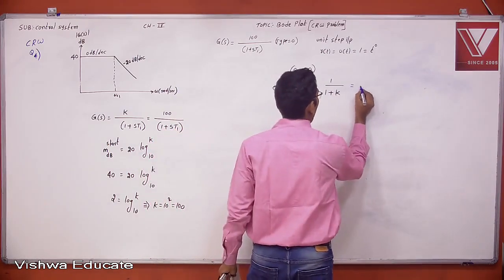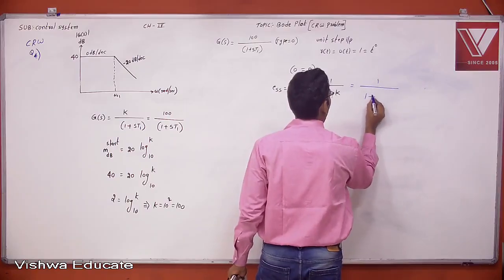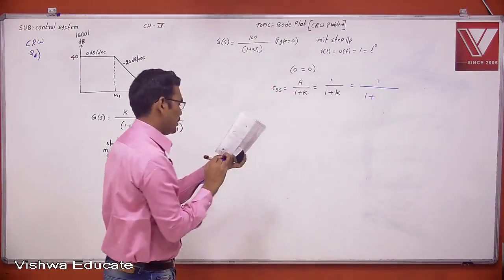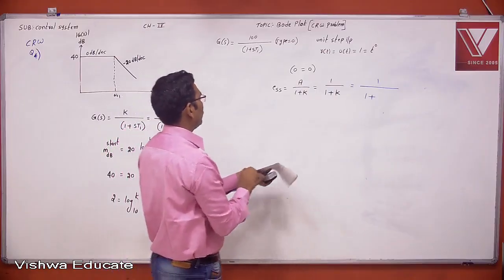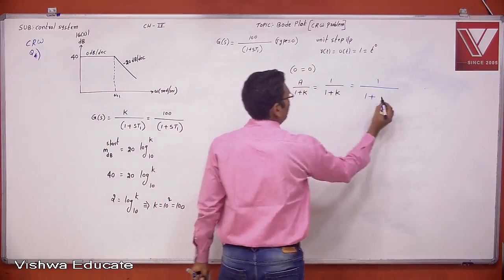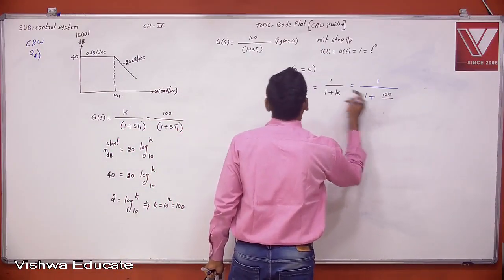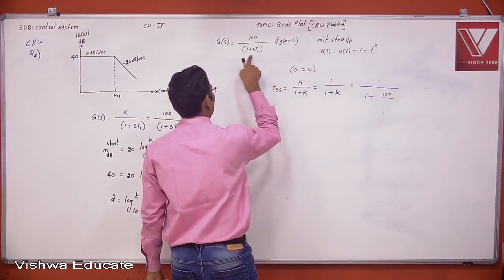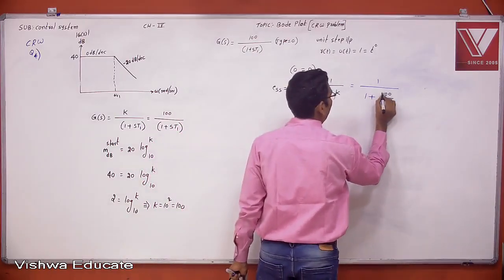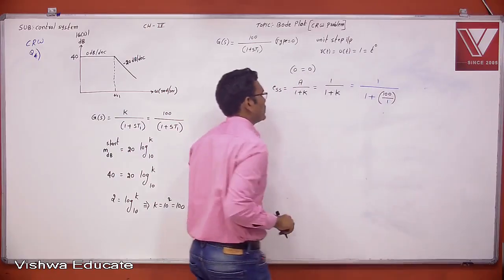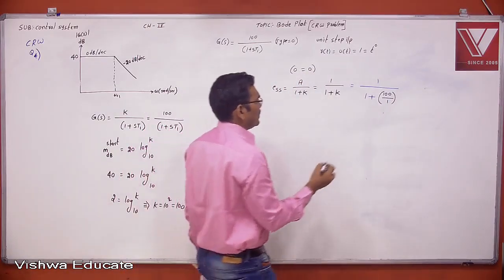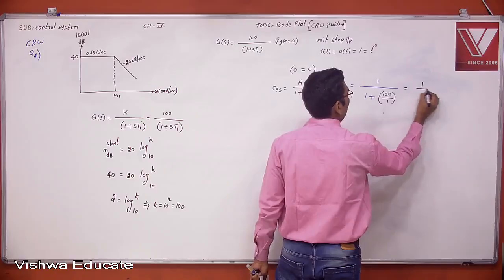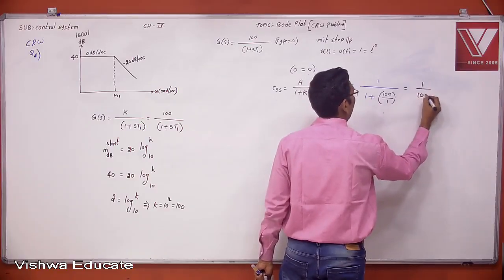The numerator constants by denominator constants of the open loop transfer function. Numerator constant is 100, denominator constant with S tending to 0 is 1. Numerator constant by denominator constant is K. Therefore, the steady state error is equal to 1 by 100 plus 1, that is 1 by 101.